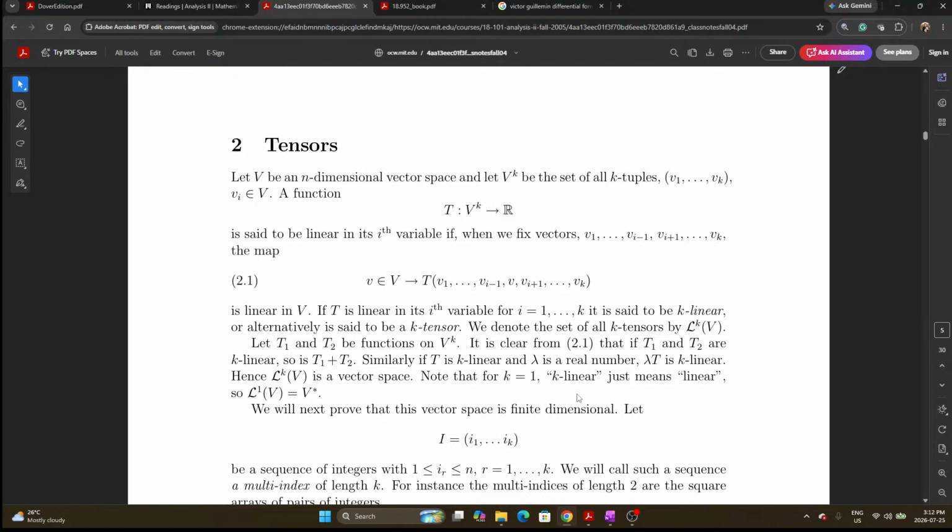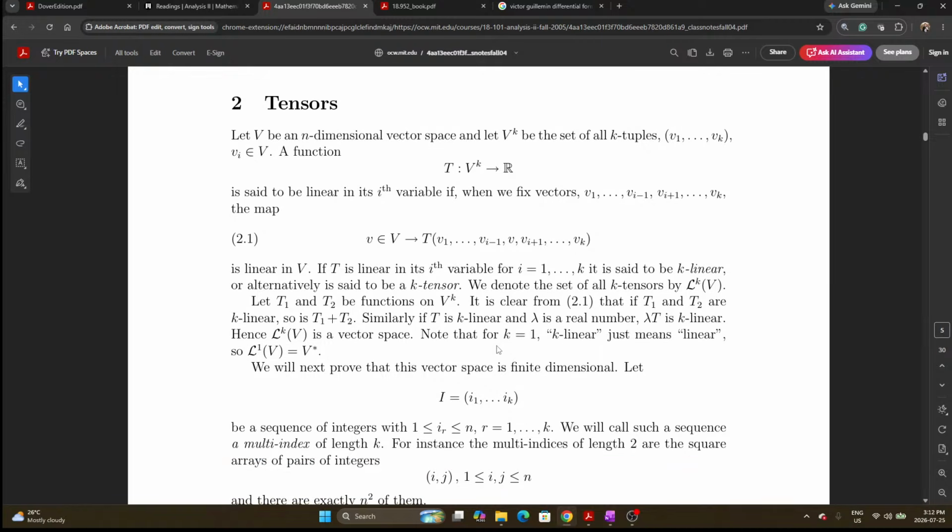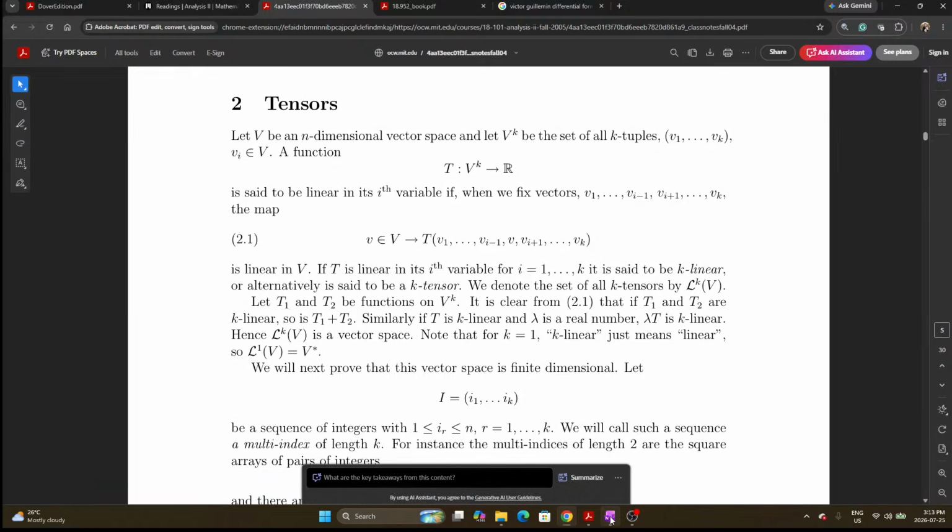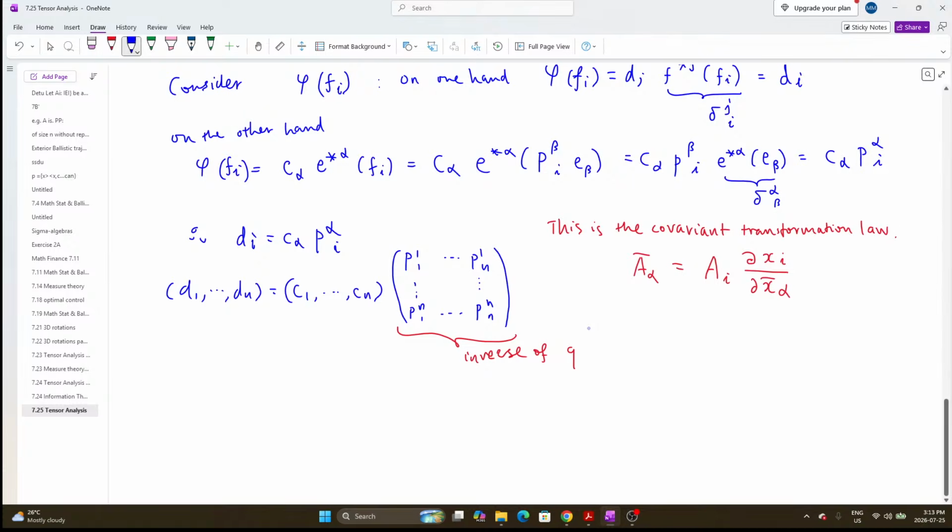And just like with vector spaces, we can define vectors. We can define vector spaces axiomatically. You can define how addition works, how scalar multiplication works, and all of that implies vector spaces have basis expansion. And from basis expansion, we derive the transformation laws of the coordinates.